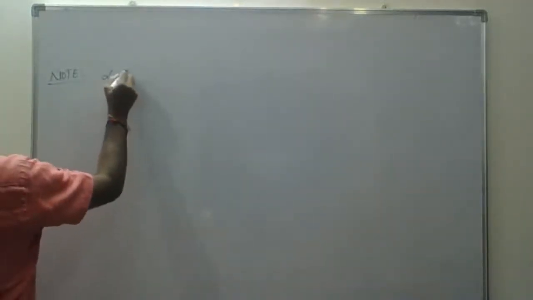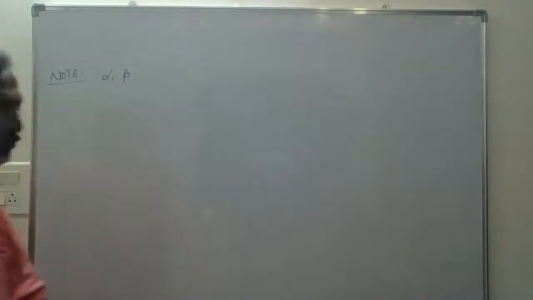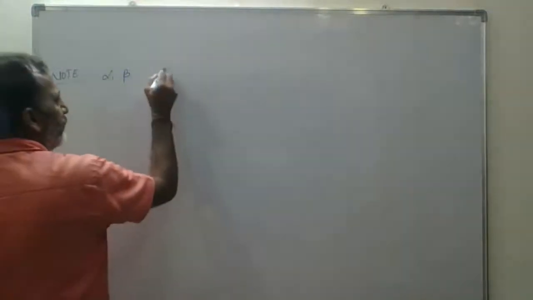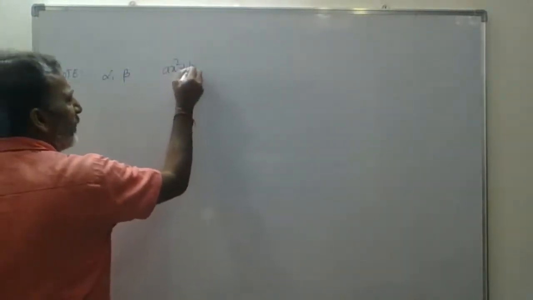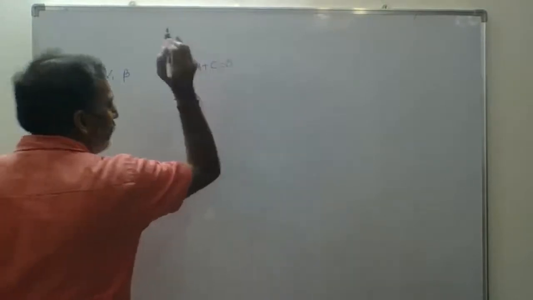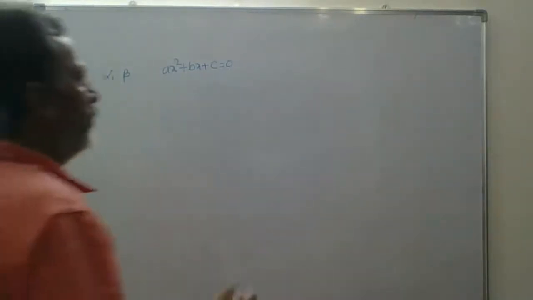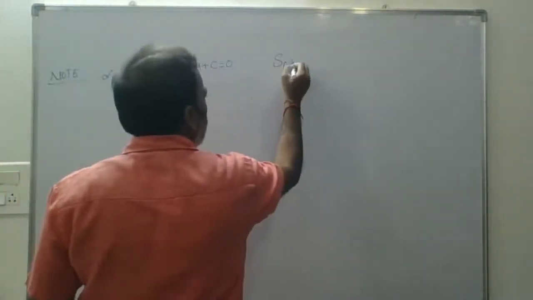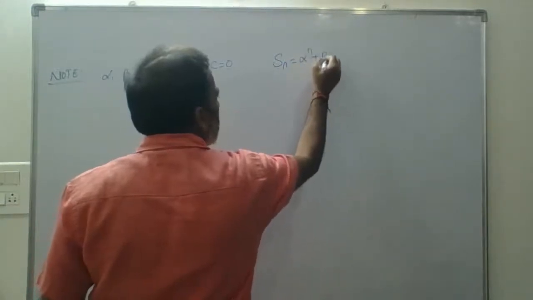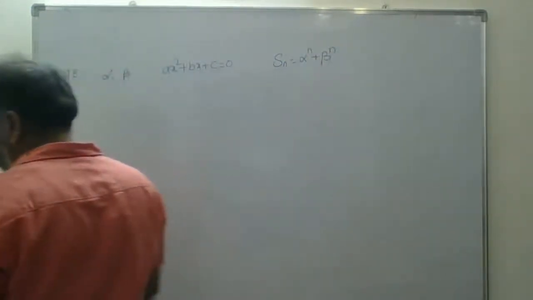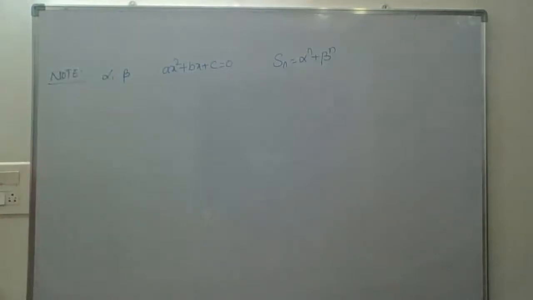Alpha and beta are, next note number 4. Alpha and beta are roots of the equation ax square plus bx plus c is equal to 0, and Sn is equal to alpha power n plus beta power n.